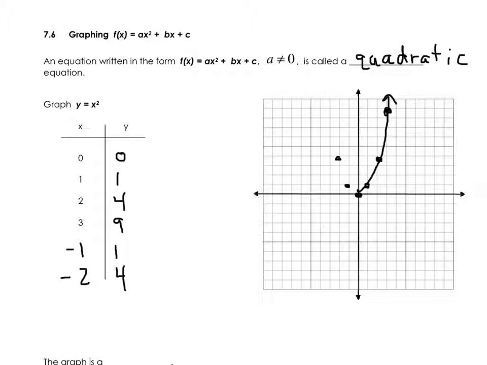Whatever it was doing on the right, it seems to be doing a reflection on the left. This graph seems to be symmetric about the y-axis. You can fold it in half at the y-axis, and if you held it up to the light, you would only see one line. The y-axis is an axis of symmetry because it's symmetric to the right and to the left.